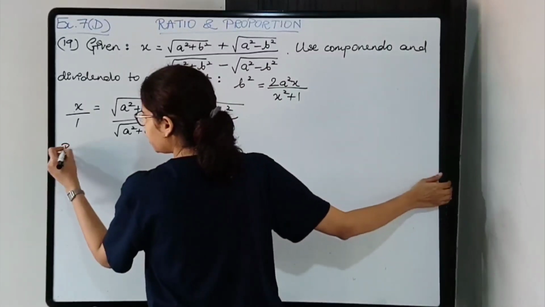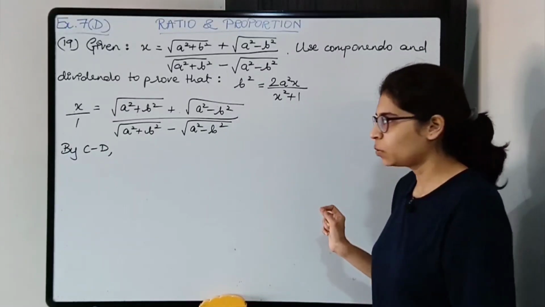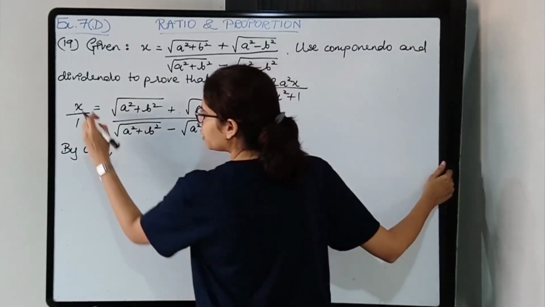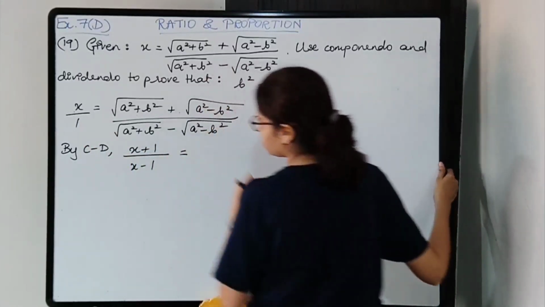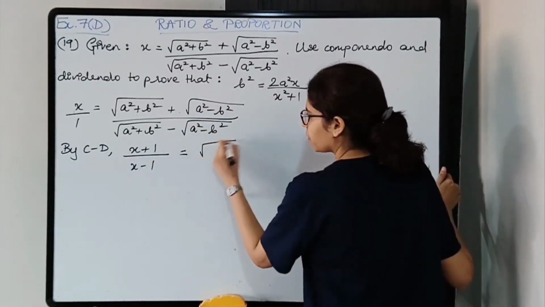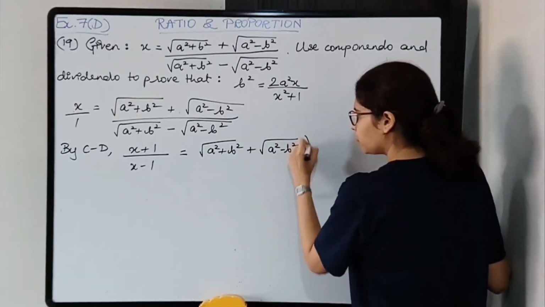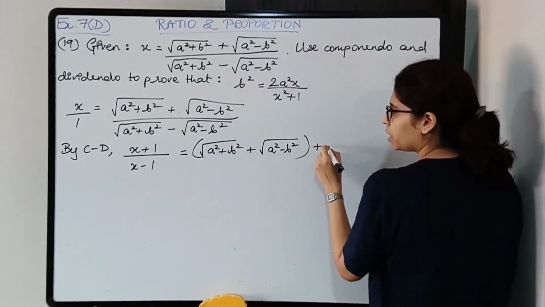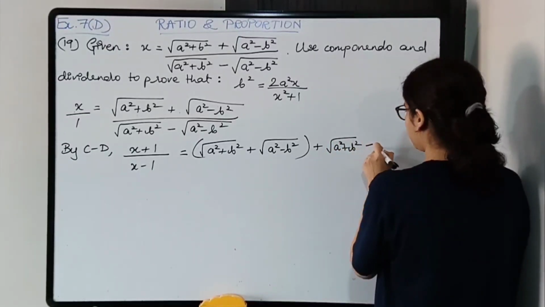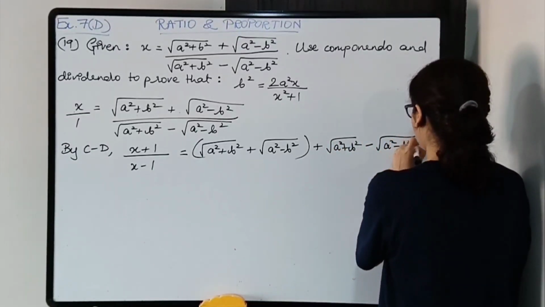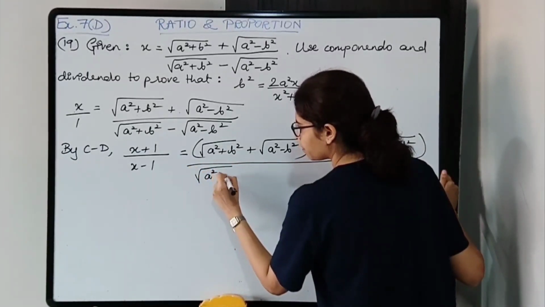By componendo dividendo, I'm not writing the full thing, you have to write down the full property. By componendo dividendo, numerator plus denominator upon numerator minus denominator. Same thing here. The numerator, put brackets, plus denominator, and your numerator minus denominator.